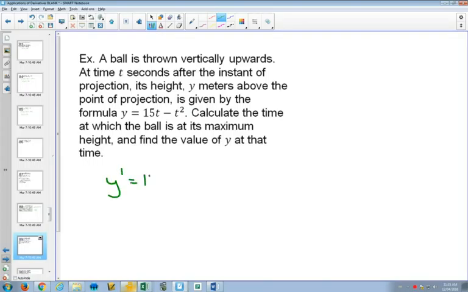So if we find our derivative and we set it equal to 0, we find out that that happens at 7.5 seconds.